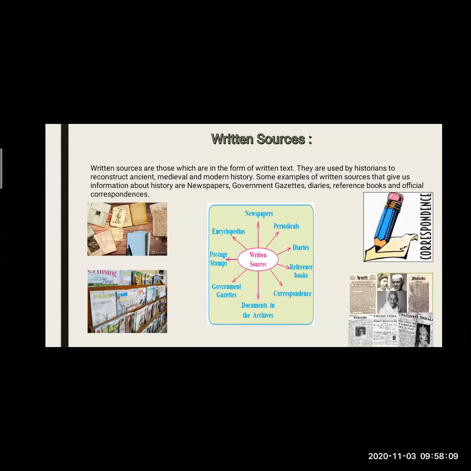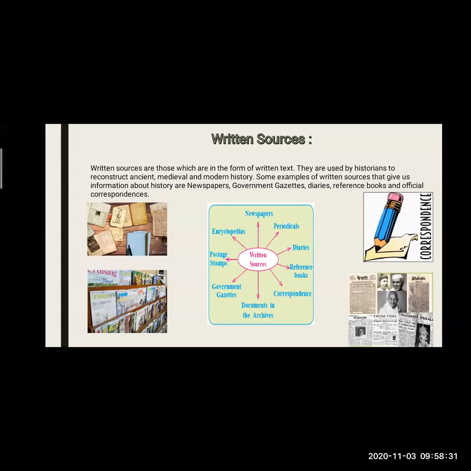Then correspondence. It can be like the letters written by Mahatma Gandhi or Jawaharlal Nehru to his daughter Indira Gandhi. Then documents in the archives, which are basically historical documents preserved in archives.